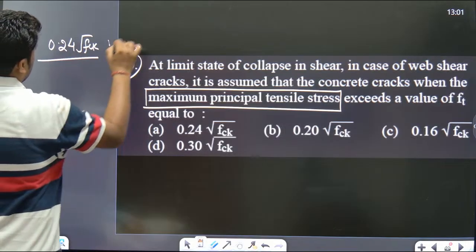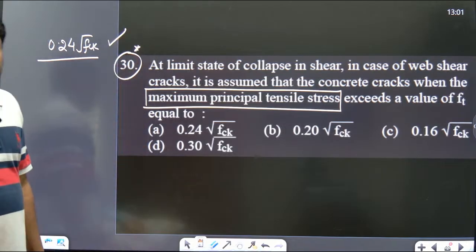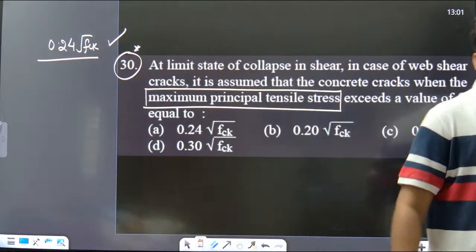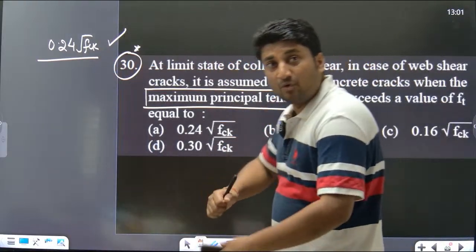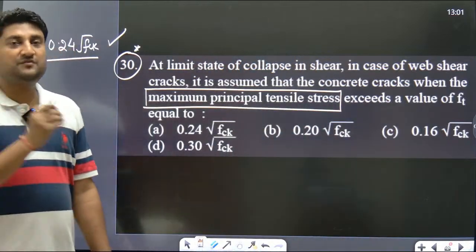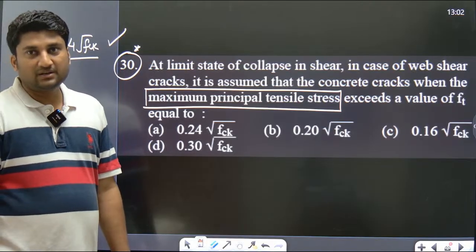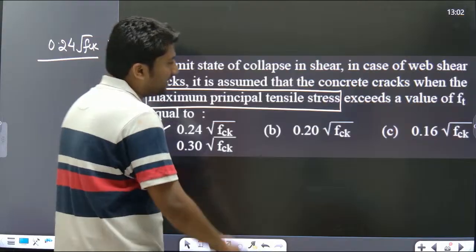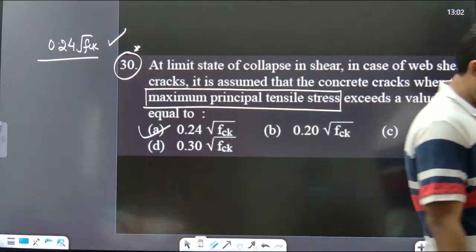There is a crack in the concrete. Understood everyone? Because the principal tensile stress is more than this permissible value, and concrete is weak in tension. Yes or no? Hence the correct value is option A. Please put a star mark on this value.